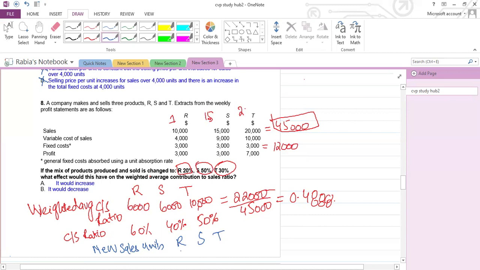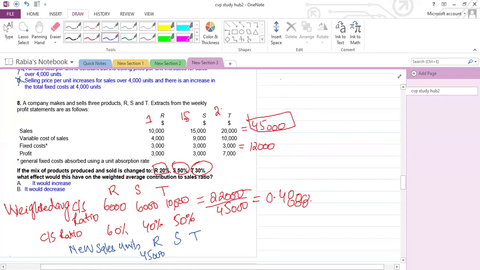45,000 divided by 100 multiplied by 20. Your new unit is 9,000 for R. For S, it is 22,500.